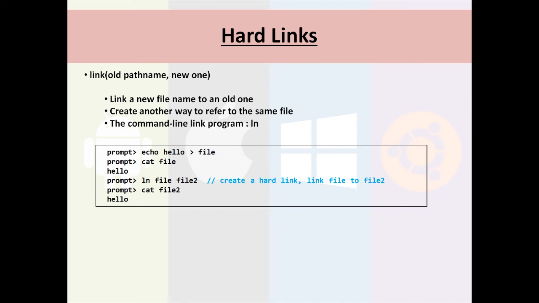This is a new way of making an entry into the file system tree. The link system call takes two arguments, an old path name and a new one. And when you link, hypothetically, a new file name to an old one, you essentially create another way to refer to that same file.